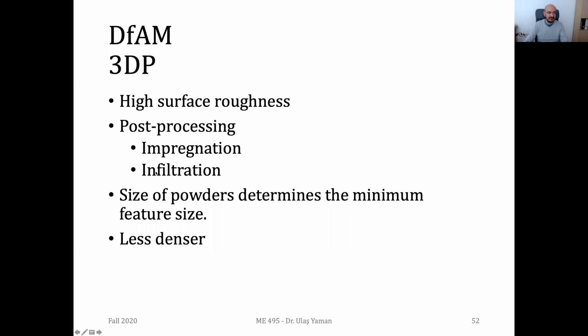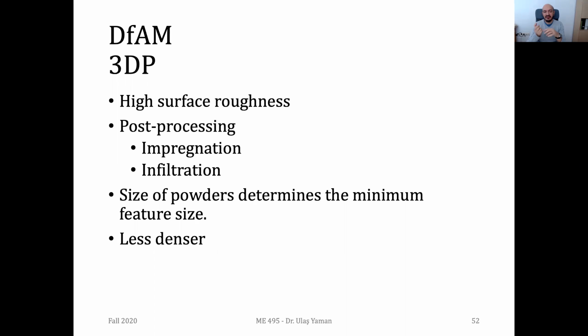It's highly similar to infiltration. In the infiltration case, we are embedding secondary metal or secondary material into porous regions. But in impregnation, we are embedding oil, some lubricants into these porous regions so that the part will be self-lubricating.